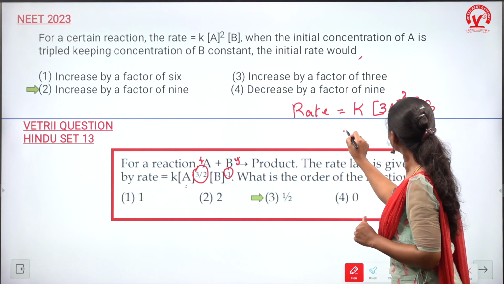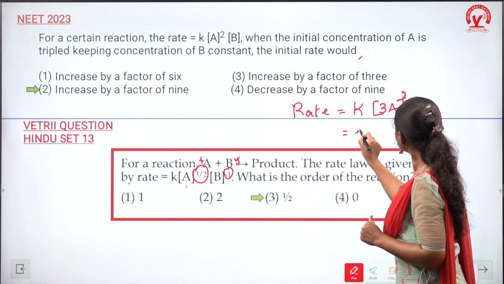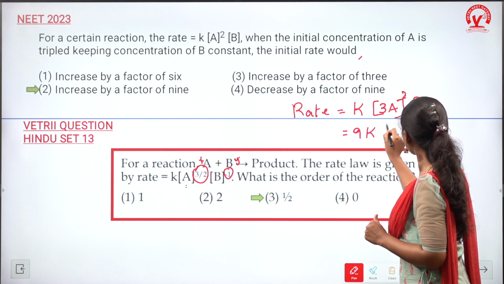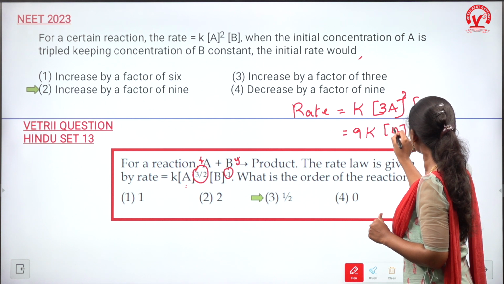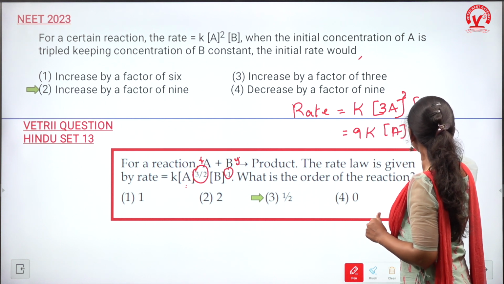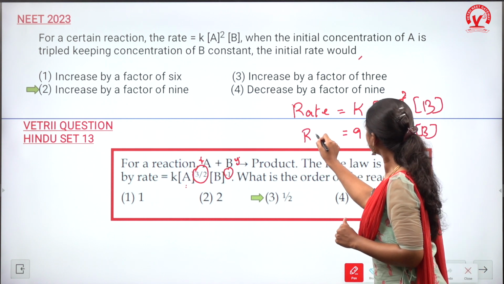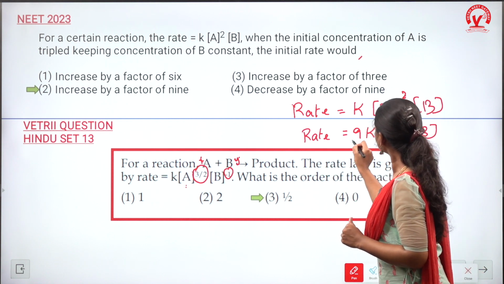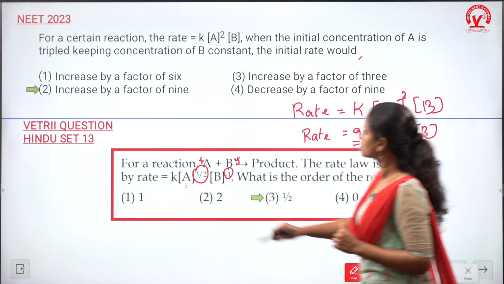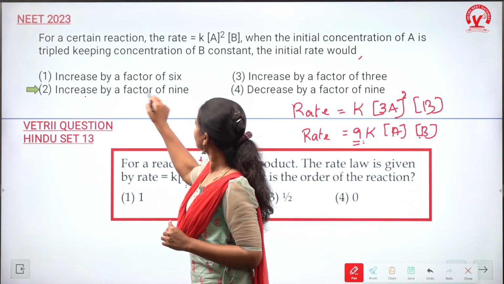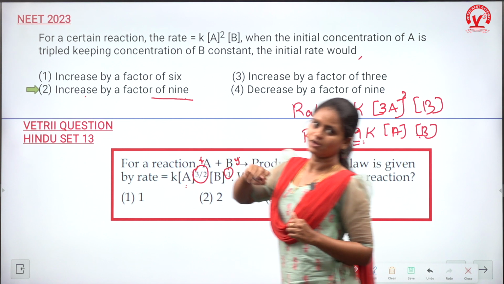So 3 power 2 is 9, K concentration of A, concentration of B. So the rate is increased by a factor of 9. So the answer is increased by a factor of 9 is the correct answer.